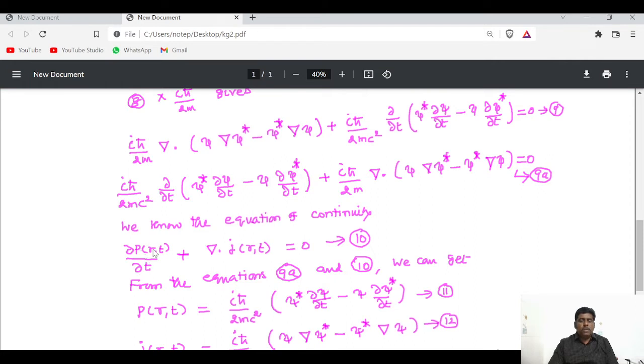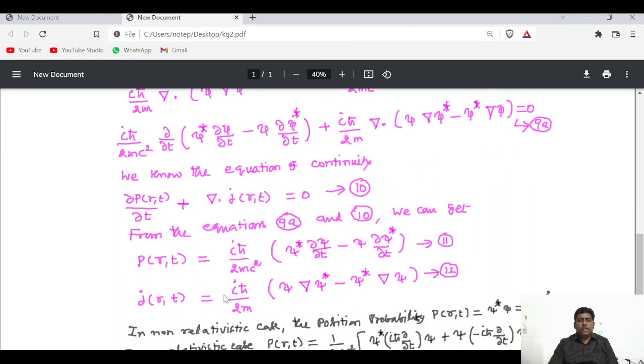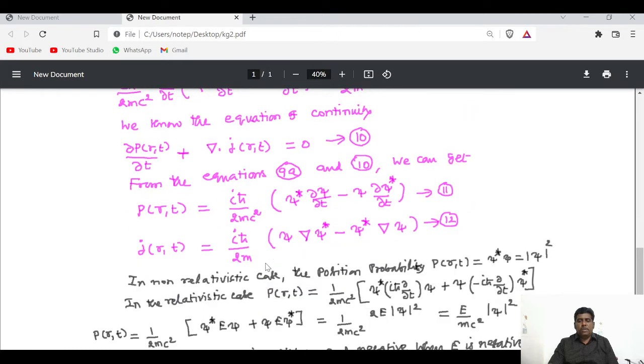So the rho of r comma t equal to i h cross divided by 2m c square, then the rest of the terms, psi star dou psi by dou t minus psi into dou psi star by dou t. Then here del dot certain terms. Here del dot j of r comma t. So j of r comma t is equal to i h cross divided by 2m psi del psi star minus psi star del psi. This is the value of j of r comma t.